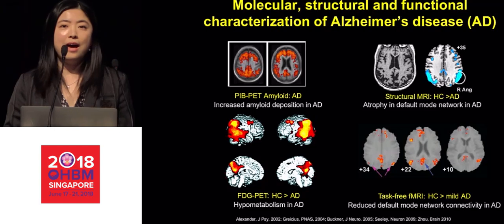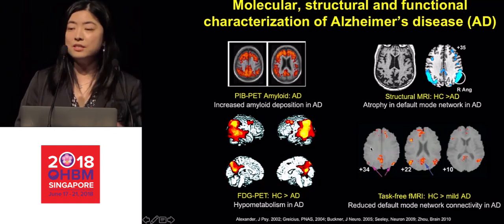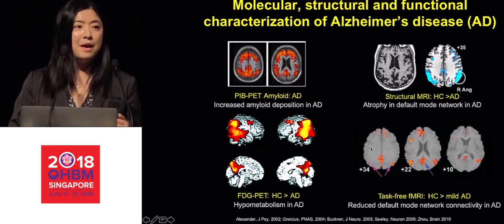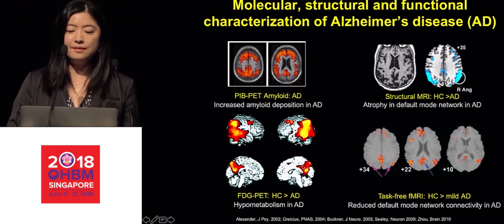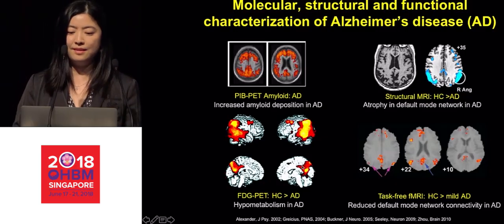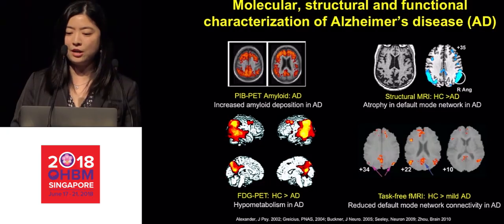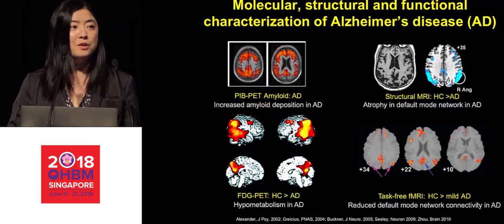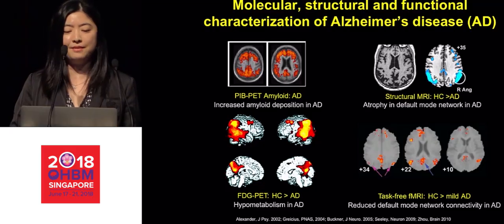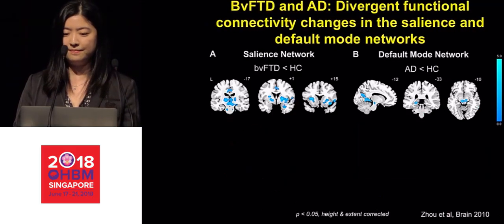As you know, AD targets the default mode network specifically. This is supported by increased amyloid burden, atrophy, and hypometabolism in the default mode network. In 2004, the pioneer work by Mike Greicius and colleagues found that there is a reduced functional connectivity in the default mode network in Alzheimer's disease patients.